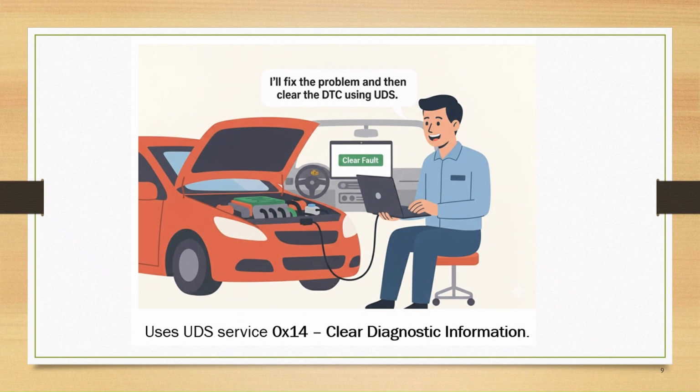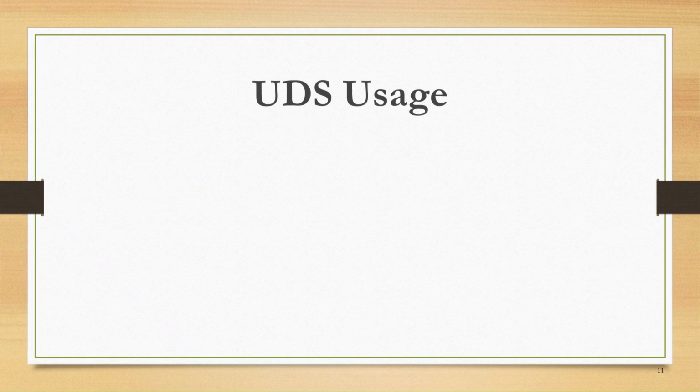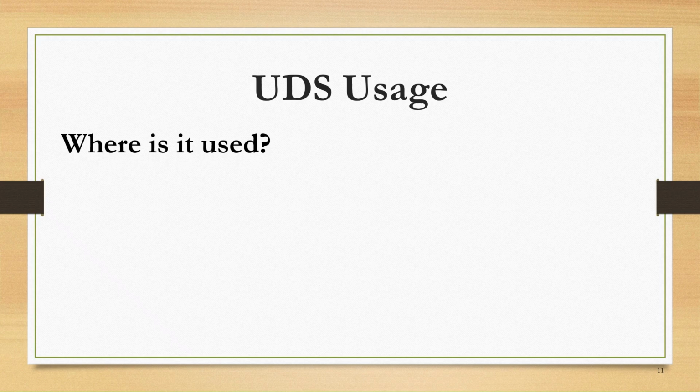Once fixed, we use UDS service 0x14 to clear diagnostic information and turn off that warning light. And this is how the story ends. So, thanks to UDS, what started as a scary dashboard light turned into a precise professional repair.